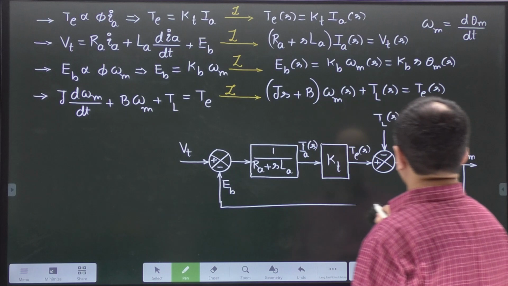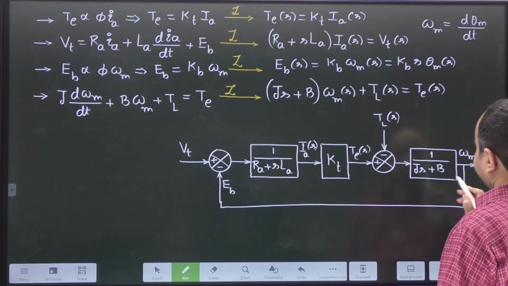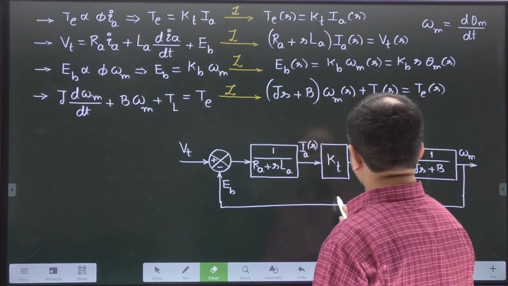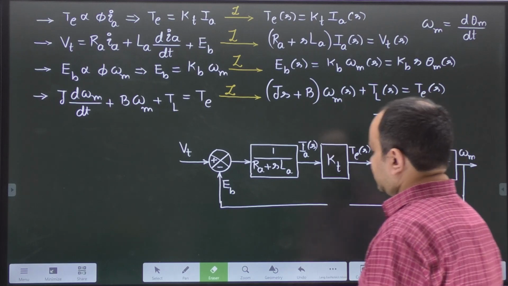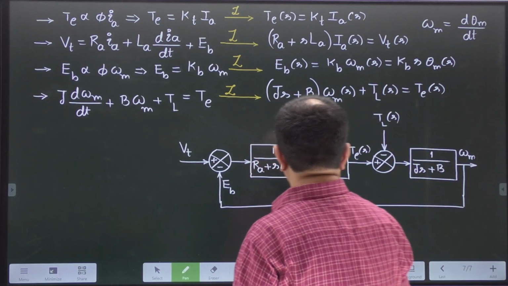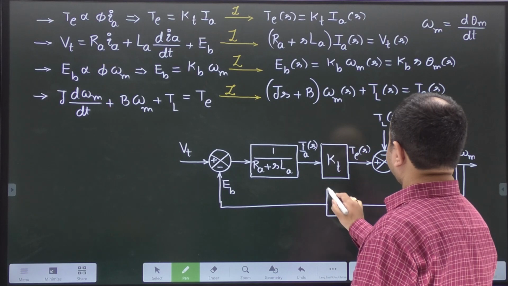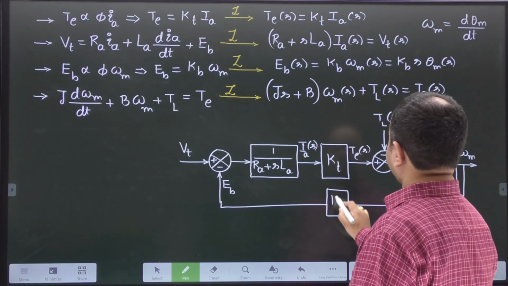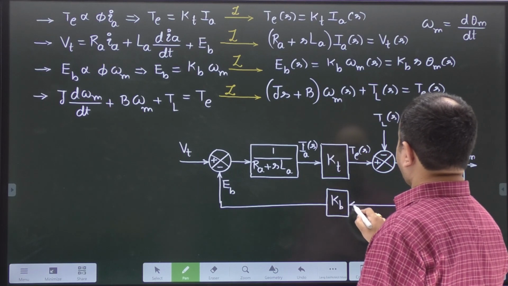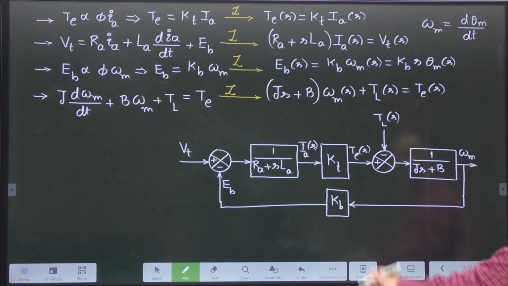Now that speed, multiplied with KB, will give you the back EMF.